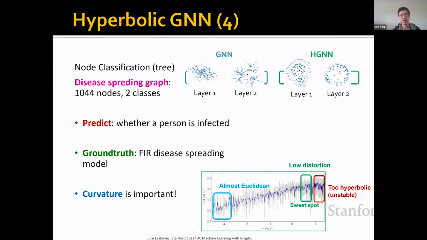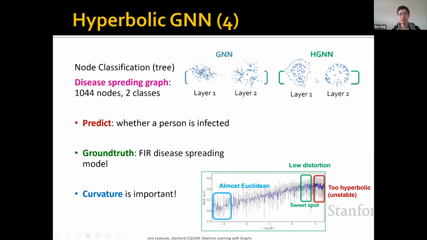Finally, just to show a little bit of results, here we can see a GNN embedding of a tree-like structure in Euclidean space. Because there are exponentially many points in the space, the geometry is not very nicely preserved. Here we visualize the nodes so that the lighter blue nodes represent the leaves and the dark blue nodes represent the root. You can see that some of these leaves are embedded very close to the root, which does not respect the tree structure.